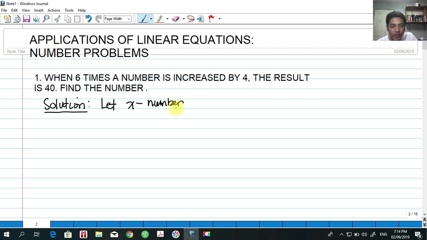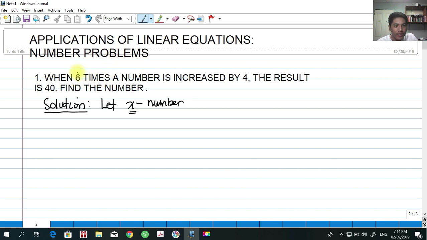So in this case, we have to let x be our unknown number that we are about to solve. As you all know, in linear equations, we're going to solve the value of a variable itself. So when 6 times a number is increased by 4, let's analyze this step by step.